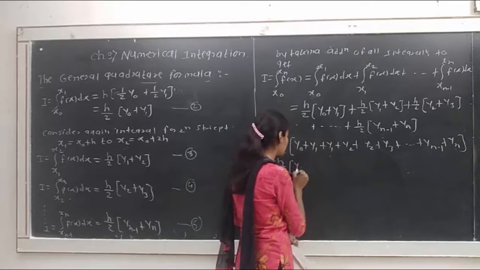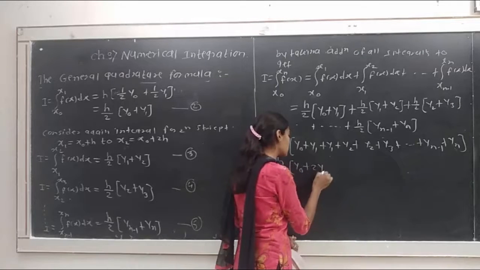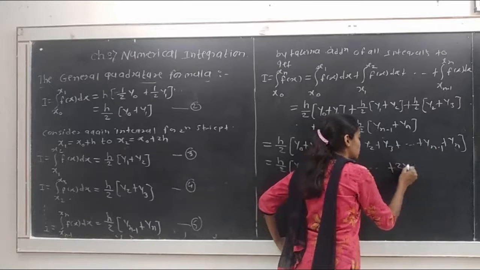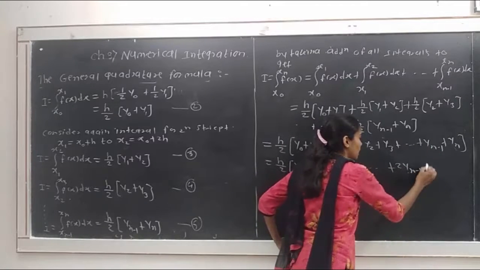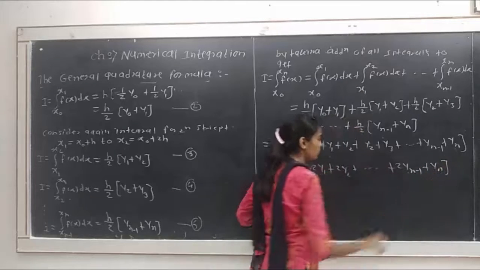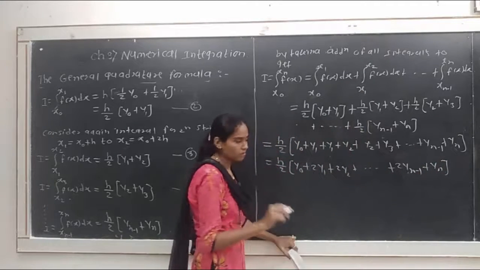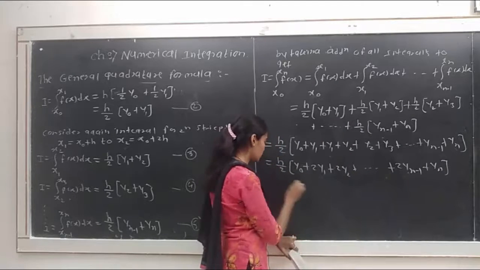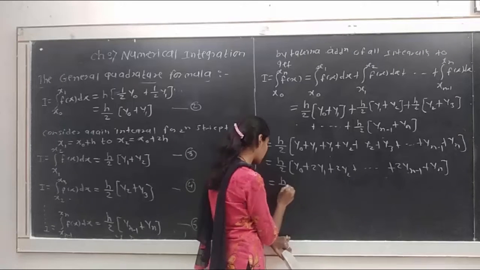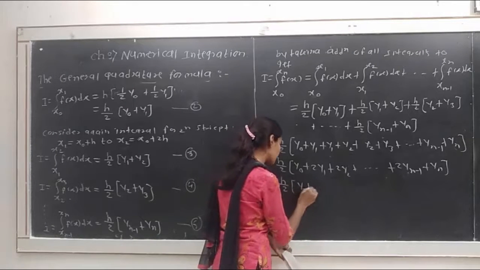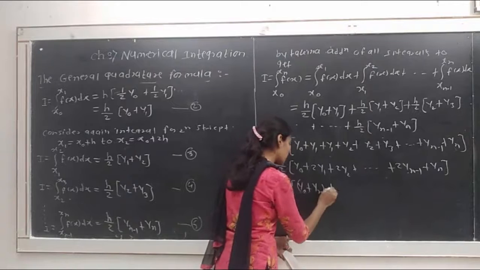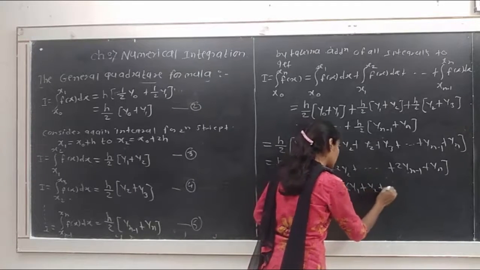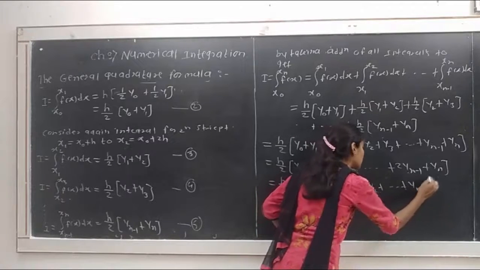So by taking their addition we get y0 plus 2y1 plus 2y2 and plus up to 2yn minus 1, and this yn will be 1 time, that is y0 and yn will be 1 time and all other values get doubled. So we can write h by 2 (y0 plus yn) plus 2, we take 2 outside, then in bracket (y1 plus y2 plus up to yn minus 1).